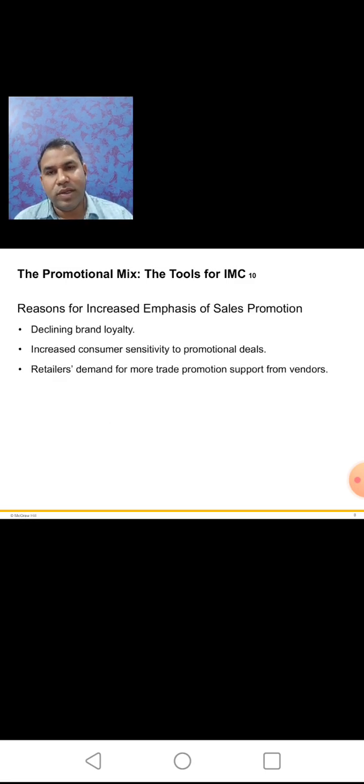See, sales promotion is now very important because, as we can see, brand loyalty is decreasing and customers switch very easily. Customer sensitivity to promotional deals has increased. Customers now even wait for the festival season where they can get promotional offers, and that is why sales promotions are getting more importance in marketing campaigns by organizations.